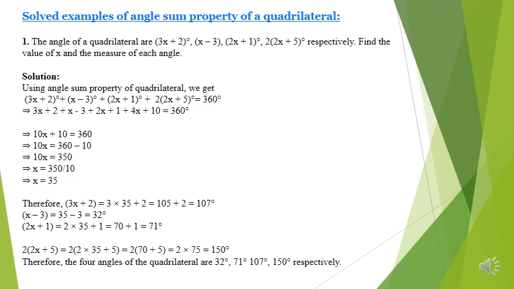After arrangement, we get 10x plus 10 equal to 360. From that we get x equal to 35. Now when we put the value of x in each interior angle, we get the measures 32 degrees, 71 degrees, 107 degrees and 150 degrees.